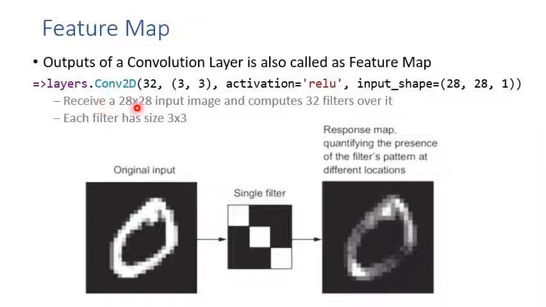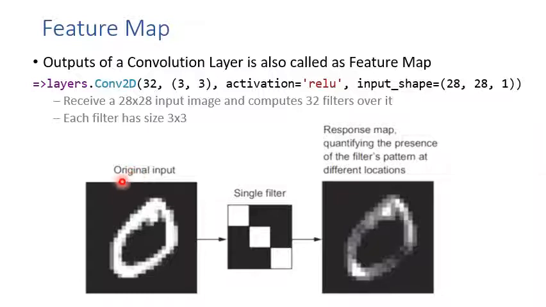So we receive a 28 by 28 input grayscale image and compute 32 filters over it. We will learn 32 3x3 filters. Each filter has a size 3x3 and can extract different features. All the weights of the filters are automatically learned by the optimization algorithm.